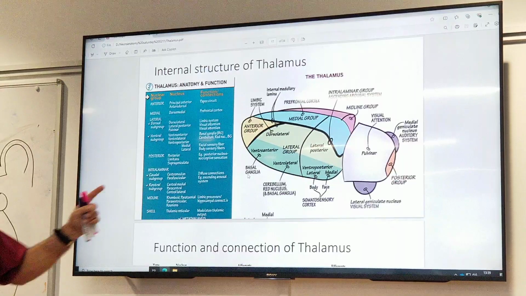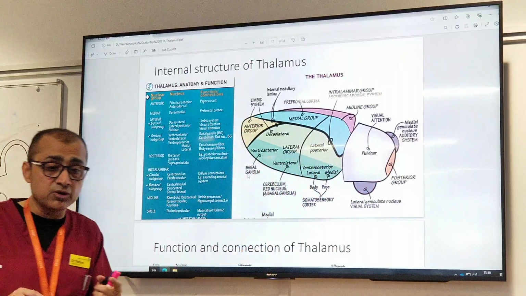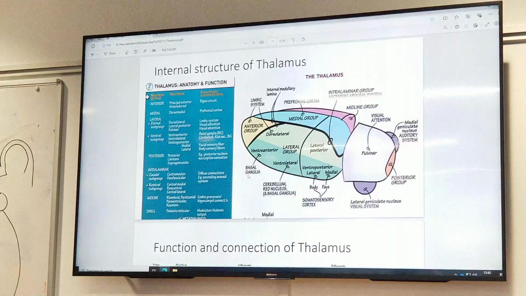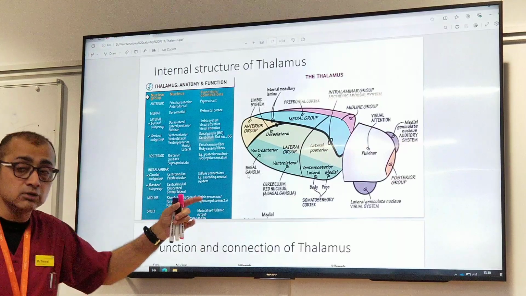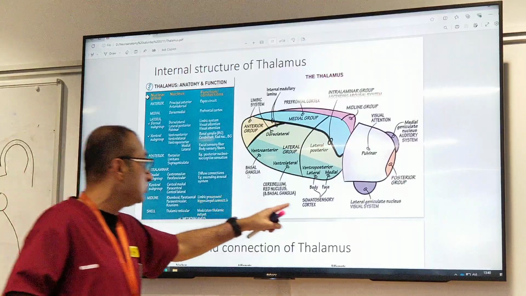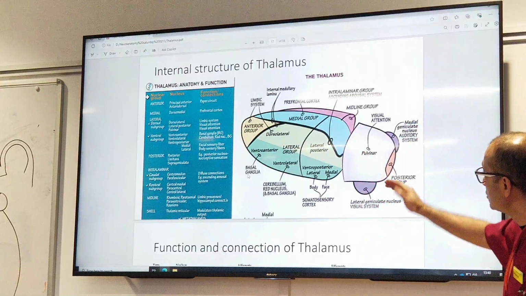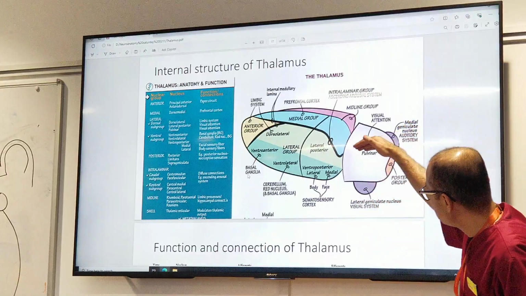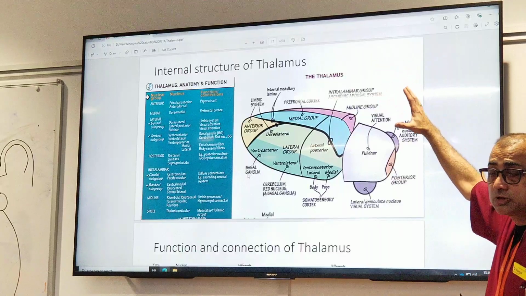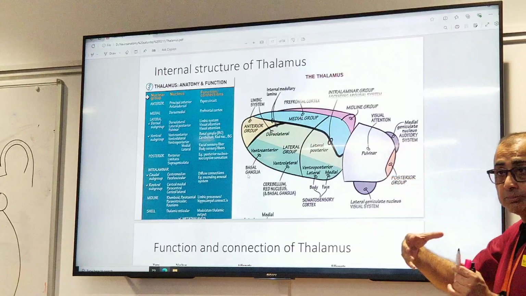The pulvinar coordinates information from motor, sensory and other parts of the cortex, and it is involved in visual attention as well. So it coordinates visual information, auditory information, and all the information from various parts of the cortex, frontal lobe, parietal lobe, temporal lobe.